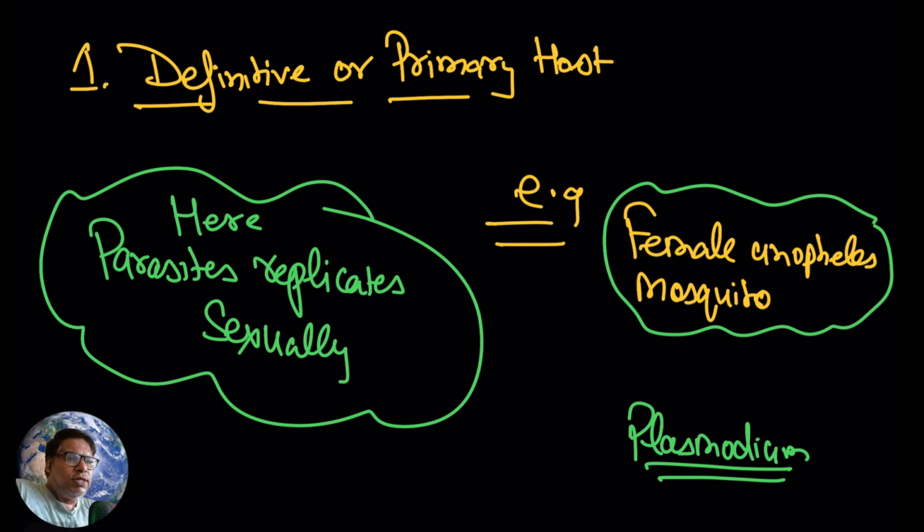Yes, we will discuss this when we discuss the life cycle of Plasmodium. So in the primary host, the parasites replicate sexually. It's simple.